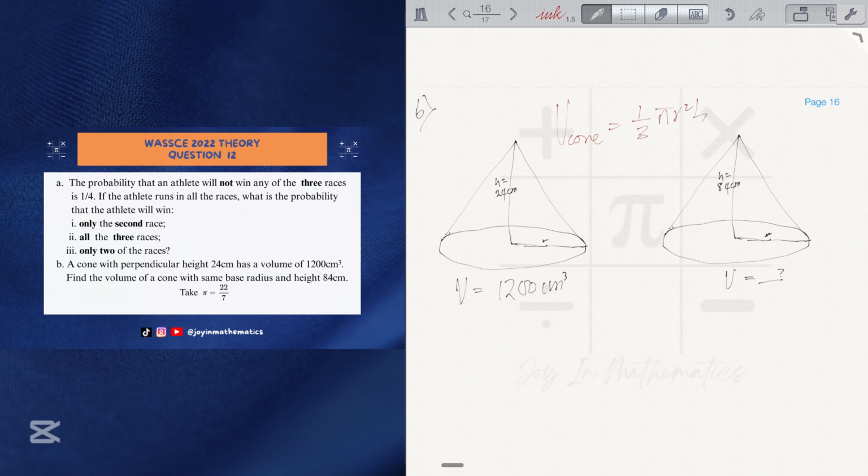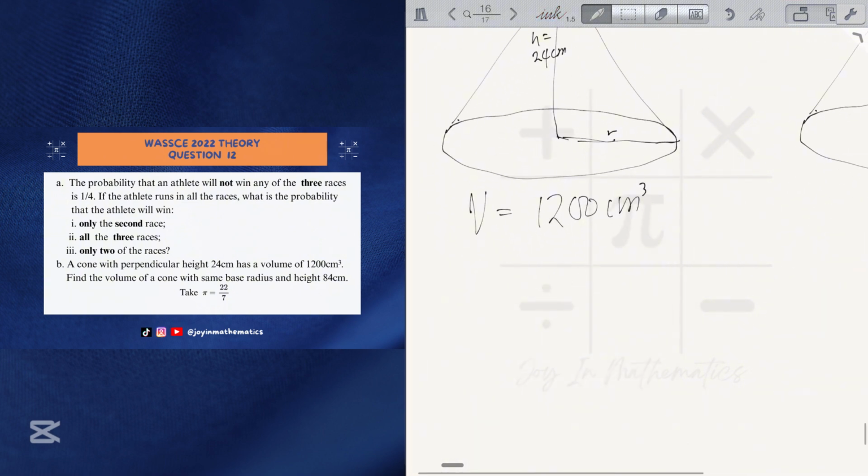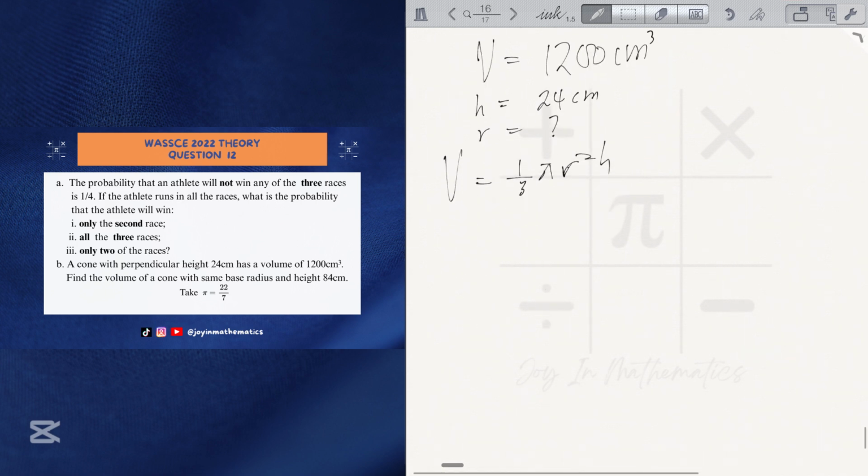So now let's simplify and let's focus on this one first. Here we're given that h is equal to 24 centimeters. We are looking for r and we know that the volume of the cone is 1 over 3 pi r square h. Now let's evaluate the value of r. Volume is 1200. 1 over 3 pi is 22 over 7. Radius is what we are looking for, and we have height to be 24 centimeters.